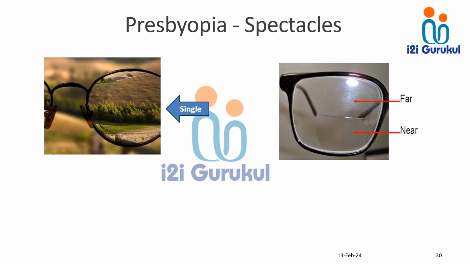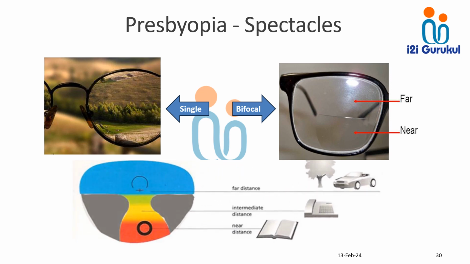And those who have high volume, meaning maximum work for distance as well as near simultaneously, can wear bifocal lenses. And the third one is the multifocal lens, which we can call progressive addition lenses. This is also used to correct presbyopia.